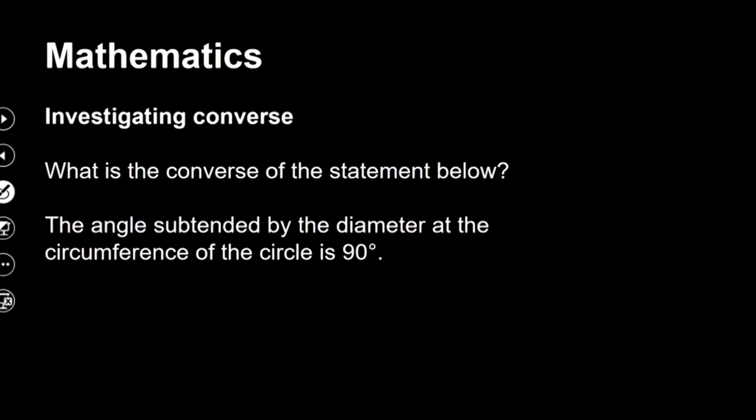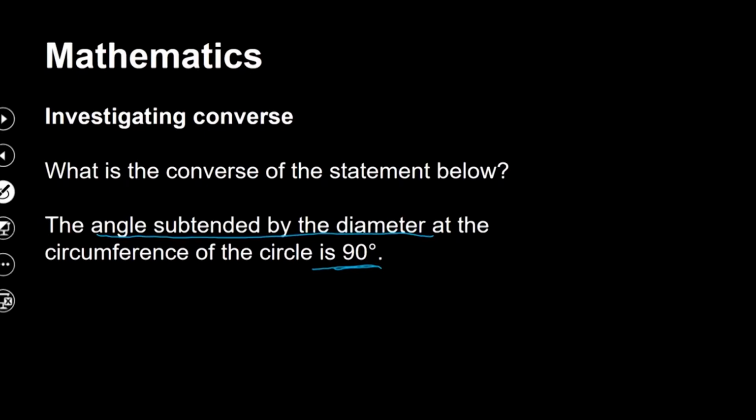So what exactly is the converse of the statement that I have here? The angle subtended by the diameter at the circumference of the circle is 90 degrees. I want you to take a moment and think about that. If the angle is subtended by the diameter, then the angle is 90 degrees.